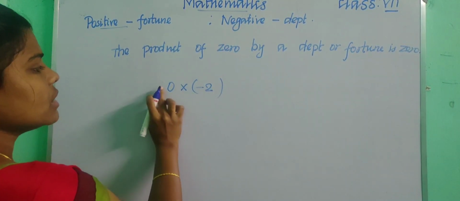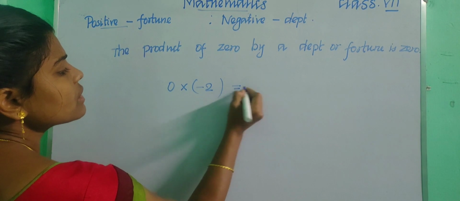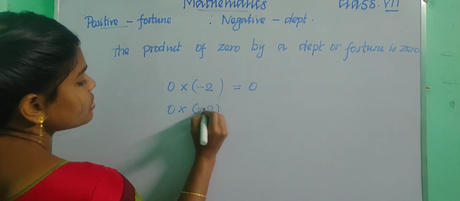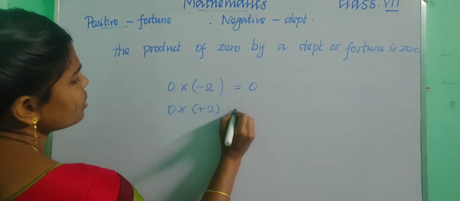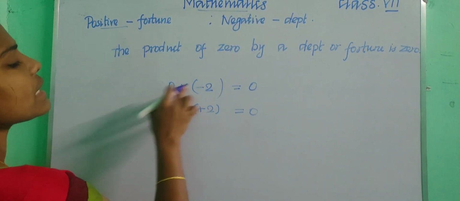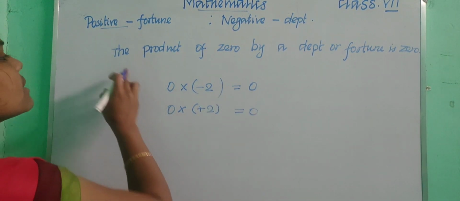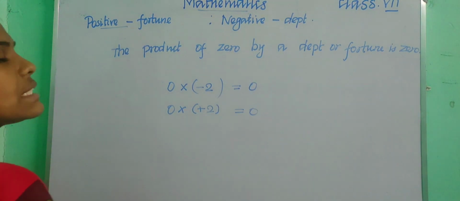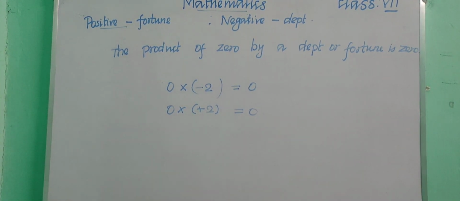What will you get? 0 into anything, we will get 0. Again 0 into plus 2, what will you get? The same 0. If you are multiplying anything with 0, you will get 0. Okay children, that is the thing they had mentioned. The product of 0 by a debt or fortune is 0. Okay children, so can you all understood? Let us see the next rule.